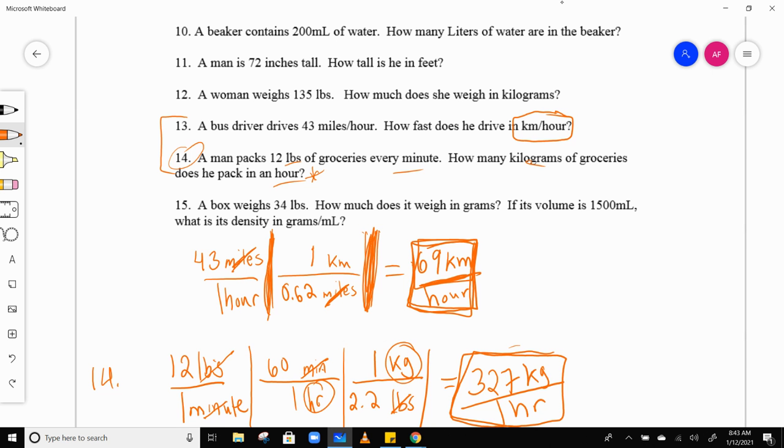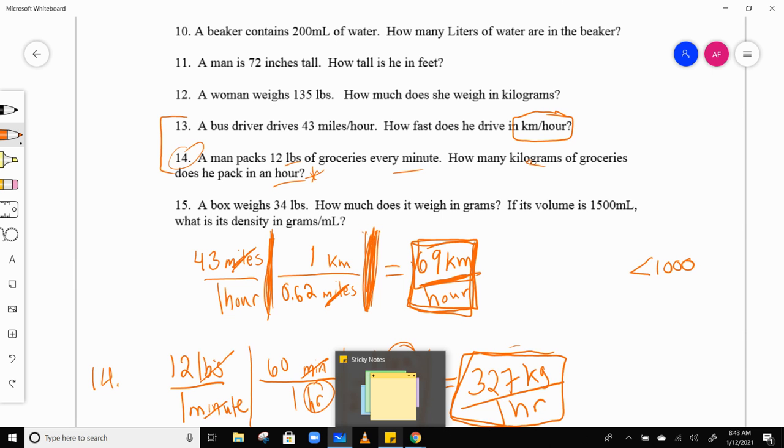Typically, I see scientific notation used and accepted if the number is more than 1,000. If you have anything in the hundreds, typically we don't use scientific notation. Anything larger than 100, once we get into 1,000, then we'll use scientific notation, like 10 to the third.